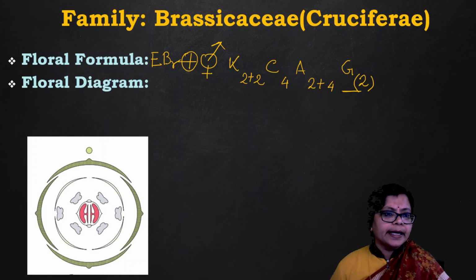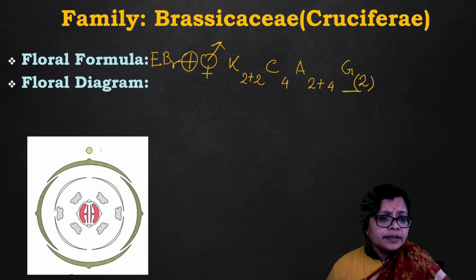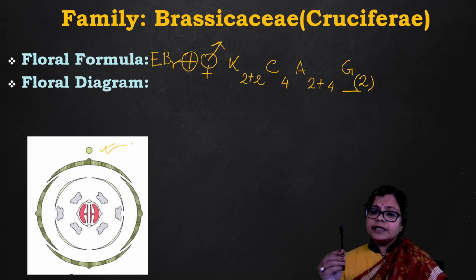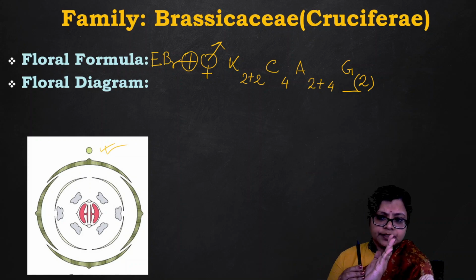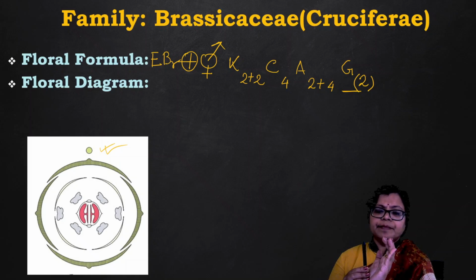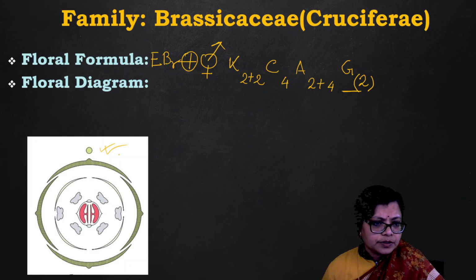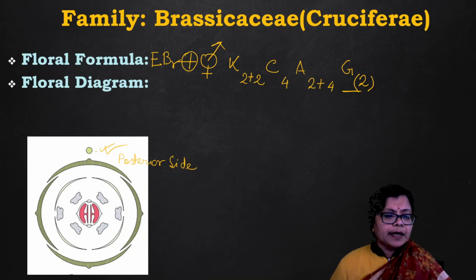Now the floral diagram. Here you see, this represents the mother axis. Mother axis means the axis on which the flowers develop in this way. That means this is the posterior side of the flower, so always we have to show the mother axis.